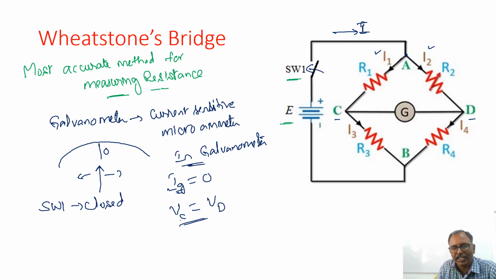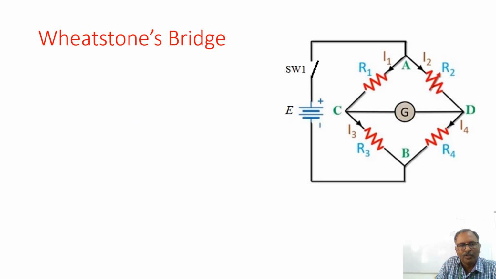So to get this condition from the diagram, the voltage drop in R1, I1 R1, should be equal to I2 R2. Let it be equation 1. So I1 R1 equal to I2 R2.